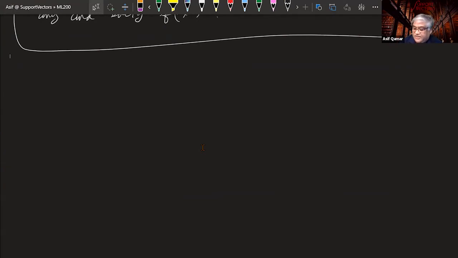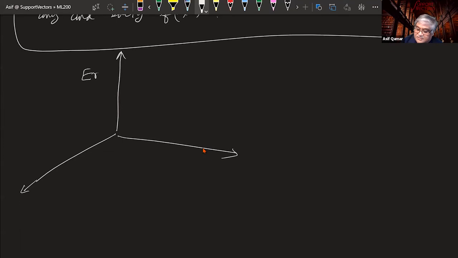So here is where it is coming from. Let's go back to our energy surfaces, our error surface rather. This was beta naught, beta 1.